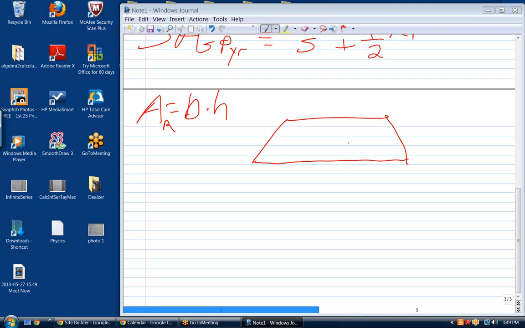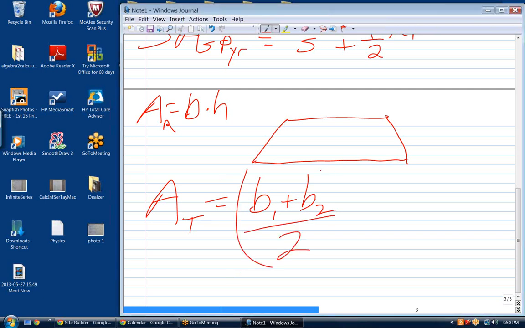Well, the area of a trapezoid is the same thing, only there's two different bases, right? So it's the average base: base 1 plus base 2, divided by 2, times the height. In other words, here's the average base multiplied by the height. That gives you the area of a trapezoid.